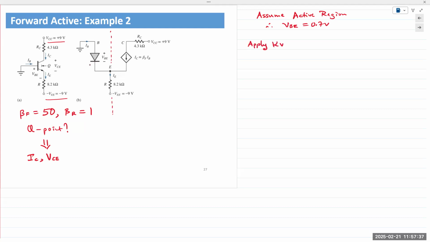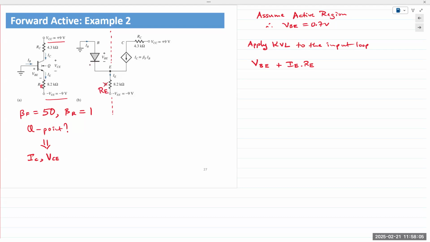All right. So apply KVL to the input loop, and I obtain VBE plus IE RE. I'm going to name this resistor RE. That's the emitter resistor RE.